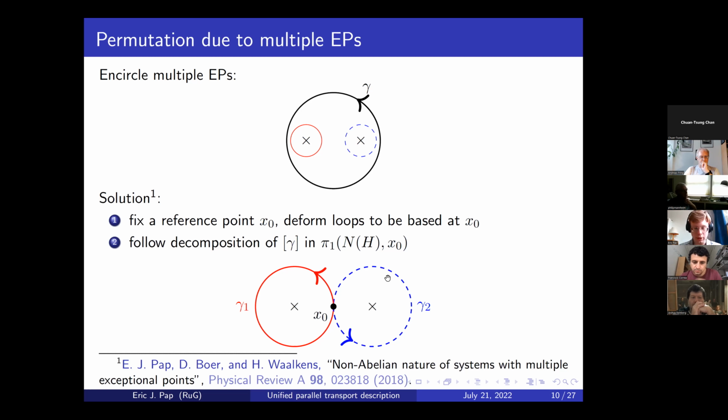Then it follows from the fundamental group that the class of the big loop decomposes into the classes of gamma 1 and gamma 2 in a particular order, depending on your direction of traversal, etc. This means that the fundamental group tells you which of the two comes first, and that means you can calculate the permutation due to the big loop gamma. So indeed, the Monodromy action can help you in practice.